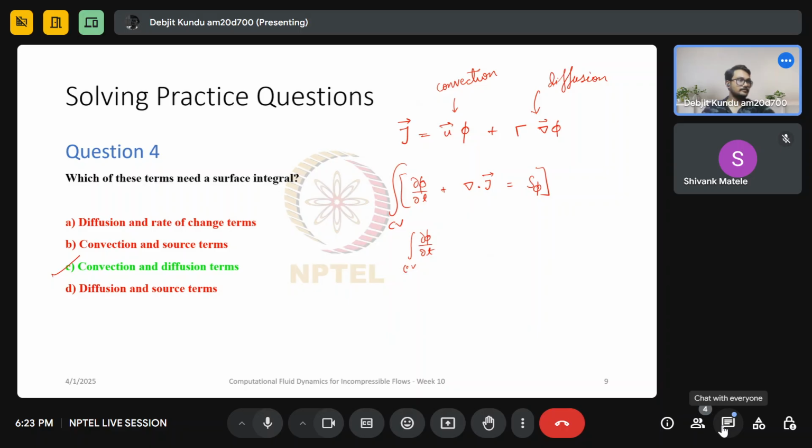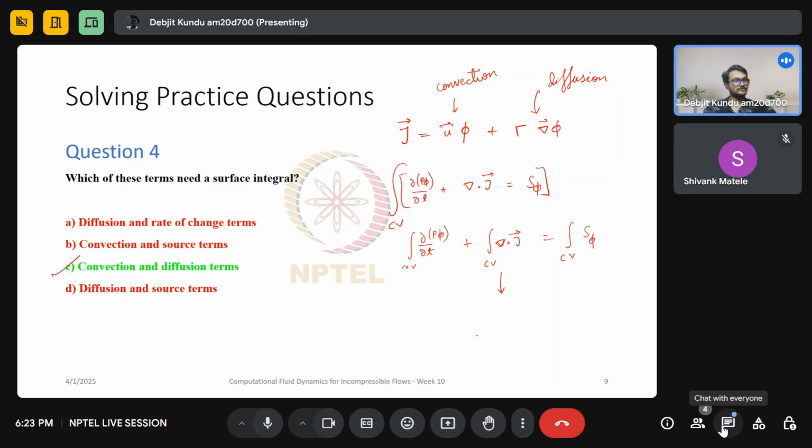So there will be this term, we convert it using Gauss divergence theorem. So this is basically the divergence of the flux term J. There is a way to simplify this.